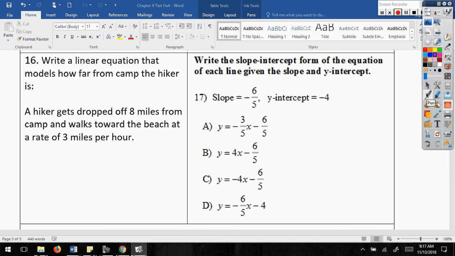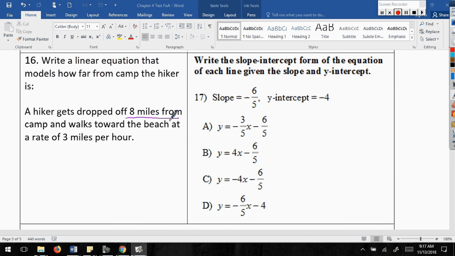So here we're given that the hiker gets dropped off 8 miles from camp and walks 3 miles per hour. So the "per" here is telling me that this is my rate, which is the same thing as my slope. Okay, and dropped off 8 miles from camp means this is my starting point, or my y-intercept.